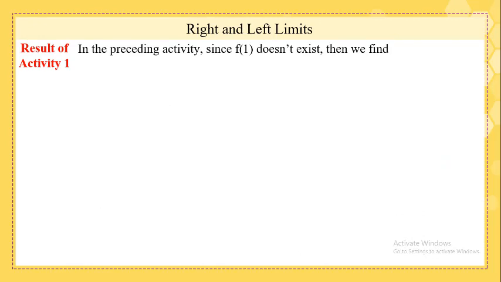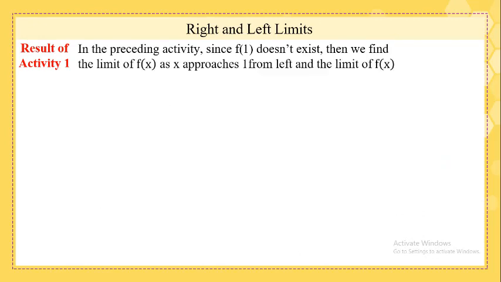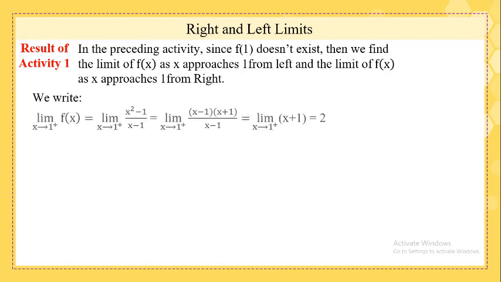As a result of our activity, since f of 1 does not exist, we find the limit of f of x as x approaches 1 from the left and as x approaches 1 from the right. We say limit of f of x as x tends to 1 plus, that means from 1 closer to 1 from the right.